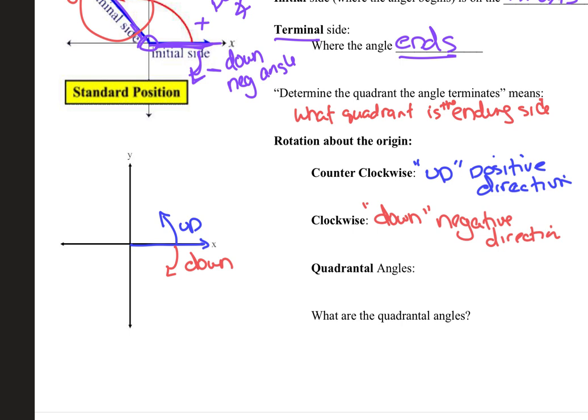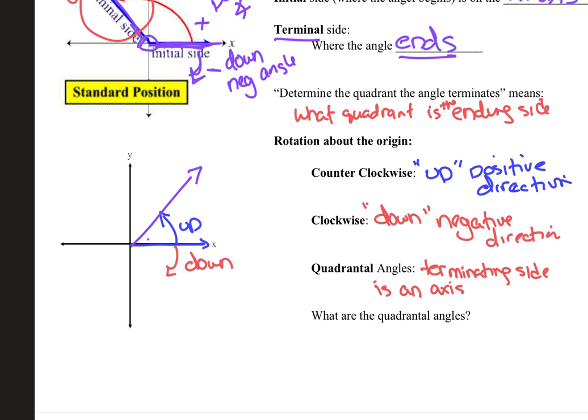The quadrantal angles are angles that hit on the axes. The terminating side is an axis. So say I went up and drew an angle right here, you could literally measure that angle and figure out what the actual angle is.